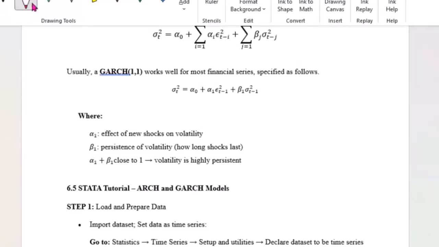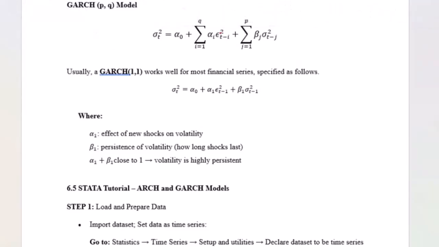So now, if you look carefully, you see that this is our current volatility. This is a constant, what we had previously in the ARCH model. So this one is for Q, the past shocks.